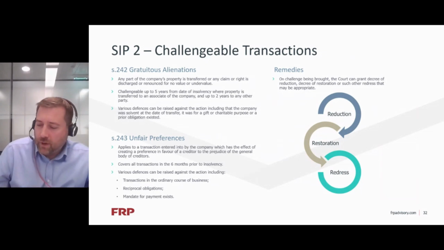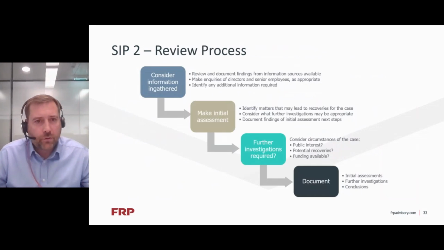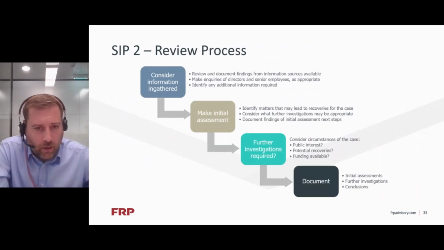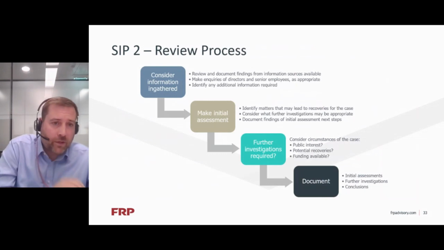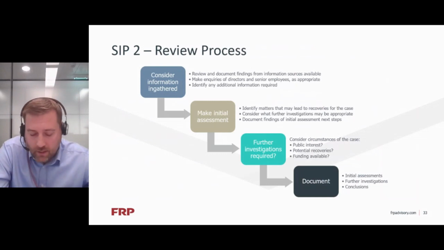So, in terms of the SIP2 review process, summarising it, the initial point is to gather the information that I outlined earlier, review it, highlight and document any issues we've had in gathering it, and make additional initial inquiries at that stage if there's any information missing. Then review and consider all that information together as part of the investigation process.